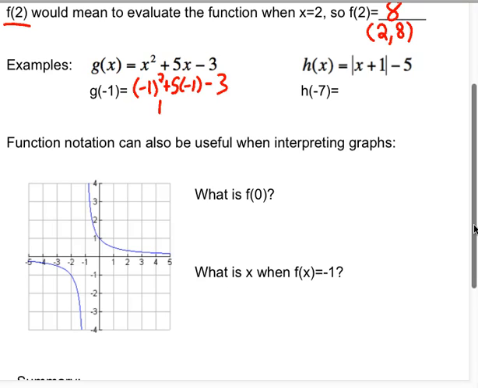So here I get 1 minus 5 minus 3, and so that's giving me a -7. So g of -1 is -7. And what that's telling me is for the g function, the point (-1, -7) is on the graph, okay? That is part of that graph.